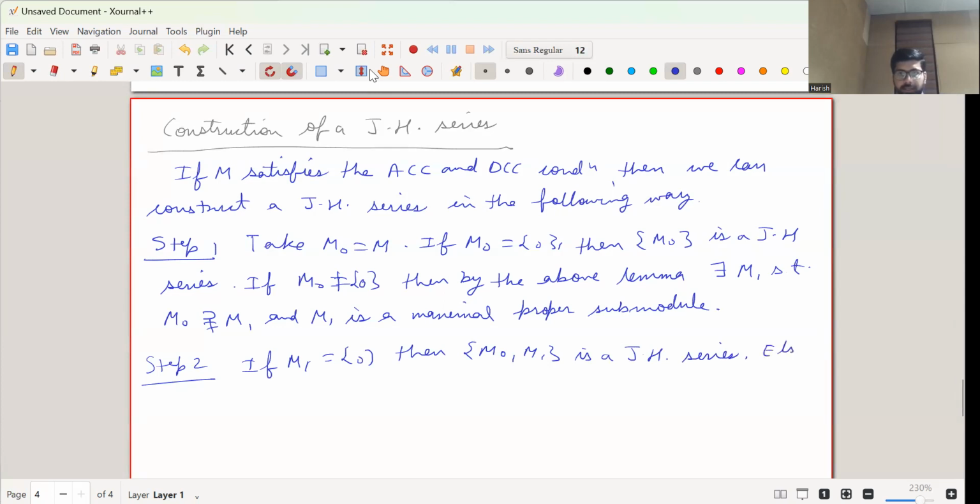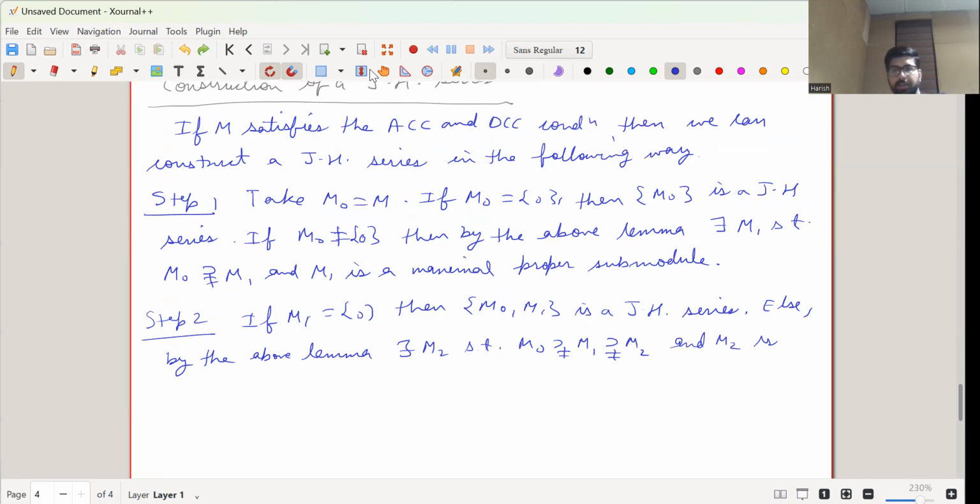Else, if it is not equal to 0, then by the above lemma, there exists M2 contained in M1, and M2 is maximal proper.